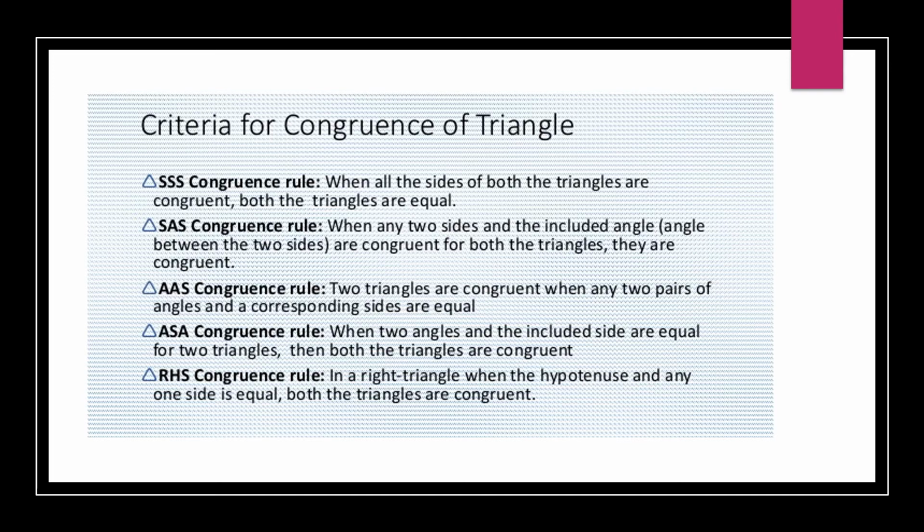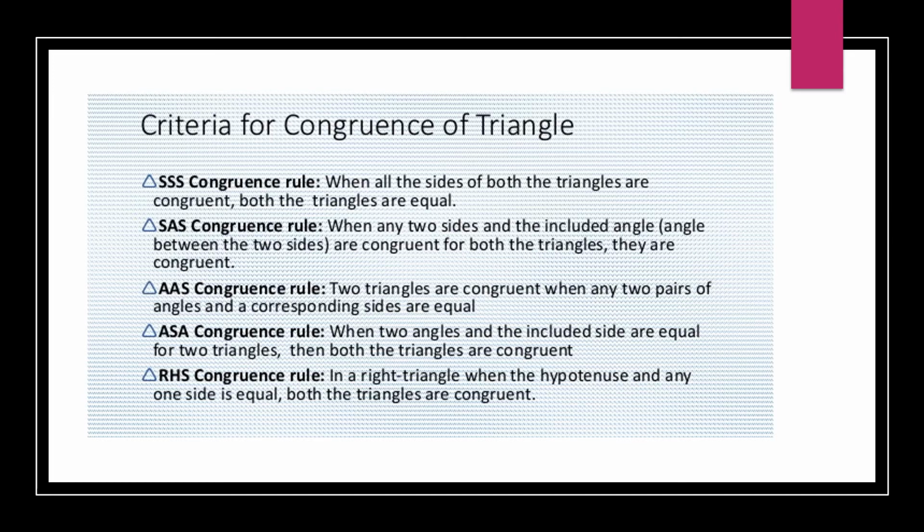So from this we can say that there are 5 methods or criteria to find if two triangles are congruent or not. So criteria for congruence of triangles has 5 criteria.